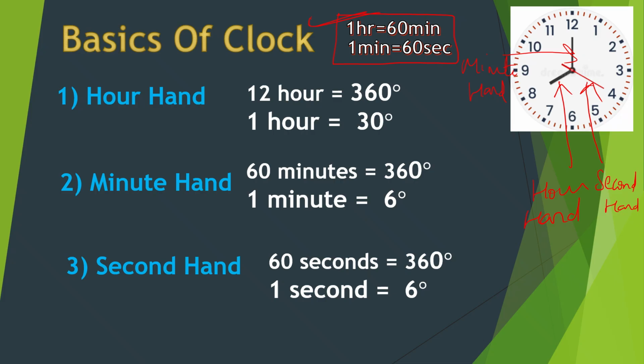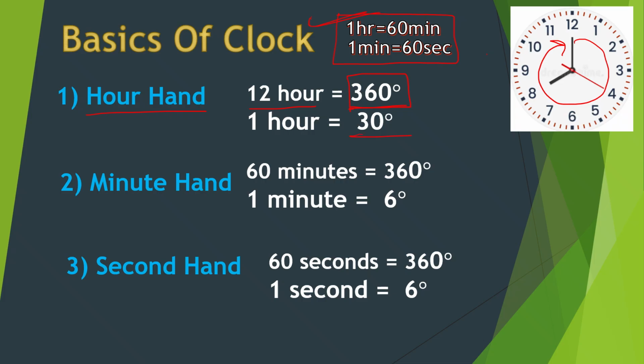So here, to solve either the degree based or angle based questions: for the hour hand, 12 hour is equal to 360 degree. So if 12 hour is equal to 360 degree of an hour hand, then 1 hour will be equal to how much? 30 degree, correct?